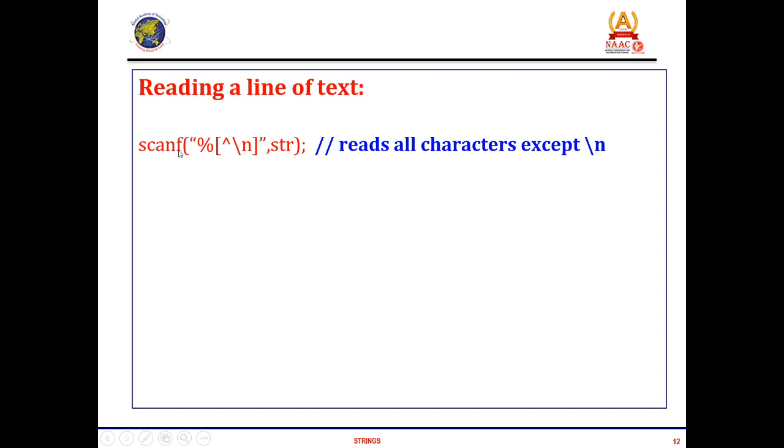The significance of this scanf is that it will read all the characters except the newline character. It allows the programmer to keep on entering characters until you press the enter key. The moment you press enter, all the characters read before pressing enter will be stored in a character array called str.